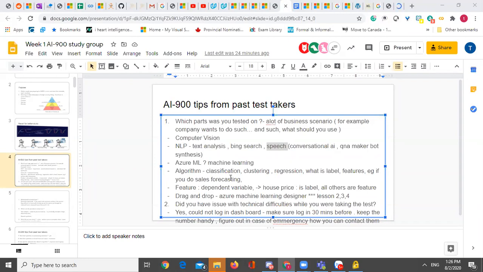So lessons 2, 3, 4 in our Udacity workspace will cover this part. Please pay attention to those three lessons. That is also what Sandeep remarked to me today: pay attention to lessons 2, 3, 4, lesson 7, which is about responsible AI, and also Microsoft Learn. Make sure you go through the quizzes and also pay attention to the labs.